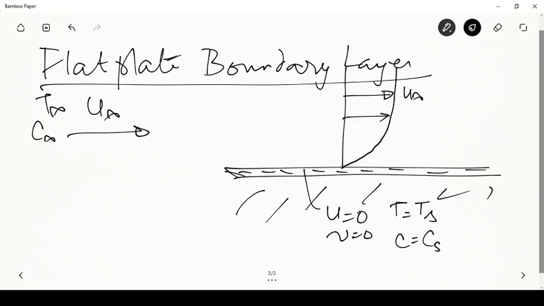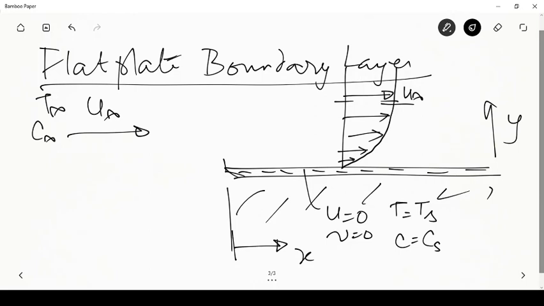So between the far field and the plate there is a variation, and this thickness of the fluid layer over which the velocity goes from 0 to u infinity, let us say this goes to u infinity at y tending to infinity, if this is the y direction and this is the x direction, starting from x is equal to 0 at the leading edge of the plate, this is the x direction.